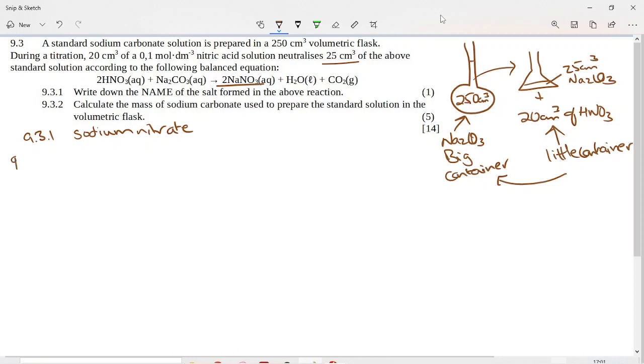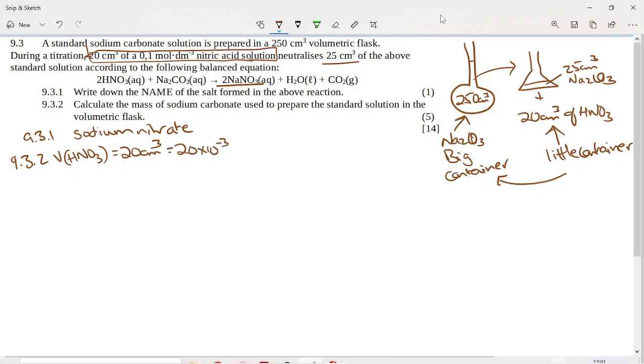So whenever we start these calculations, we always look for what we are given in the question. And if you have a look here, we are given information about the nitric acid. So we know that the volume of the nitric acid is 20 cubic centimeters, but we may not put that in a chemical formula. It has to be 20 times 10 to the negative 3.